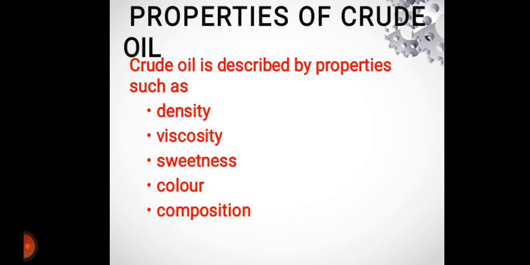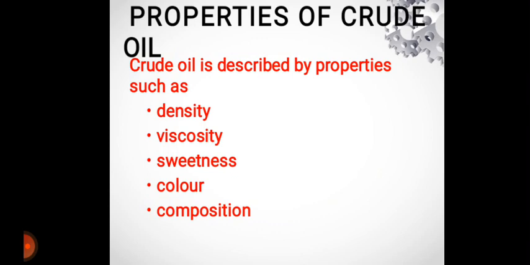Now let us look at the properties of crude oil. These properties are used to classify crude oils, and they are used to differentiate one type of crude from another. So which properties are these?